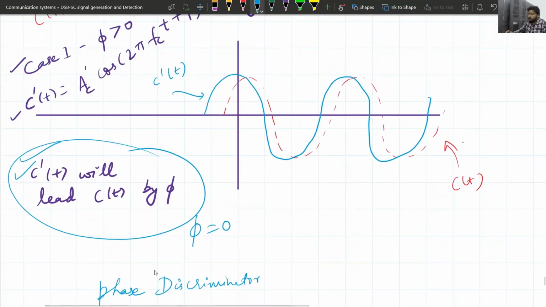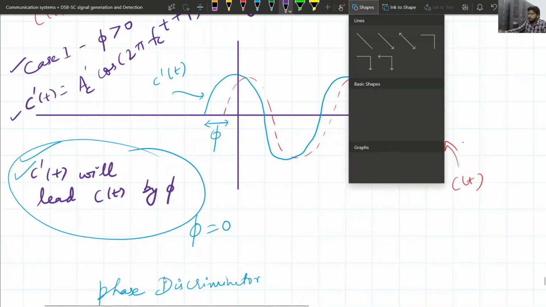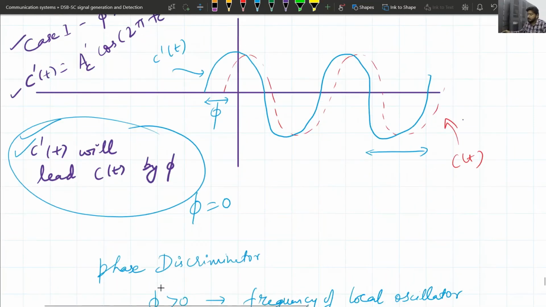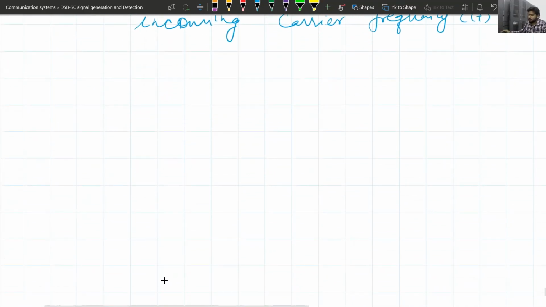See, right now it is leading by an angle of phi. Now it will start decreasing its frequency. So what will happen? Let me redraw it.